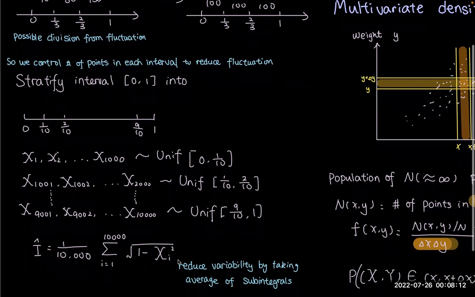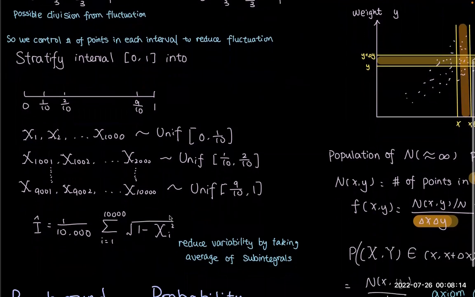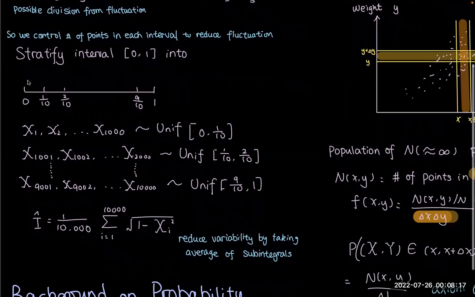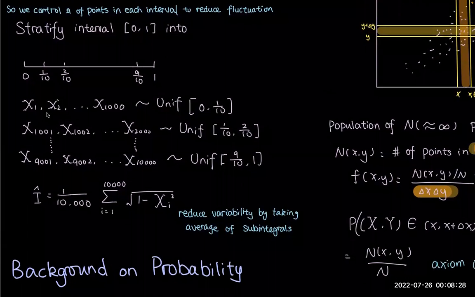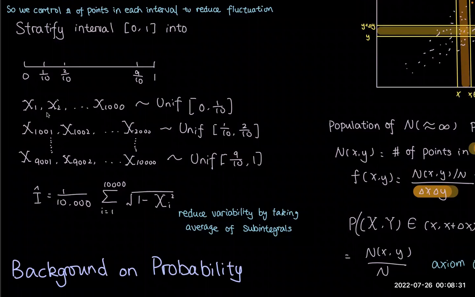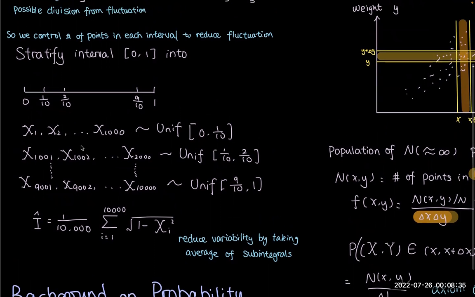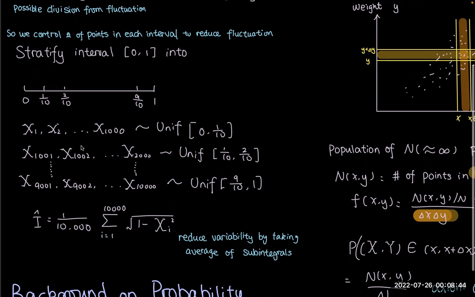This is called stratified sampling because we divide the range from 0 to 1 into 10 strata, and then we sample an equal number of points within each stratum. This method is also used in real survey sampling. These are just some examples of Monte Carlo methods to reduce the fluctuation, or reduce the variance.